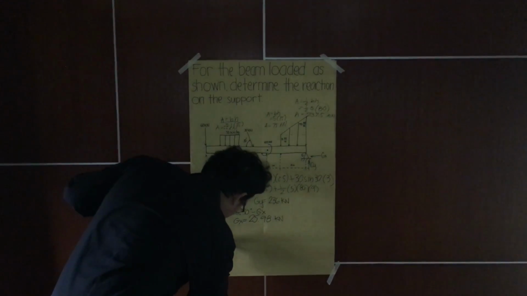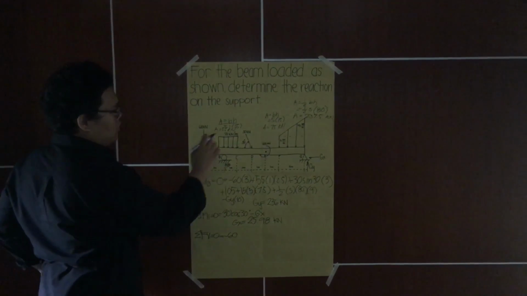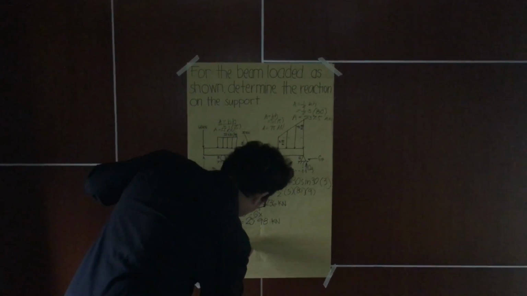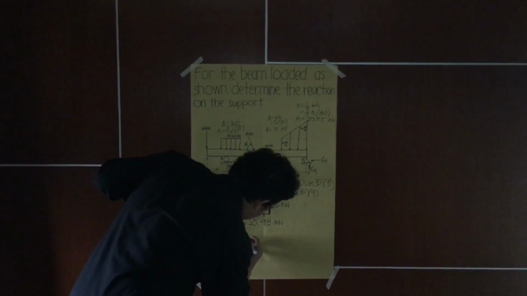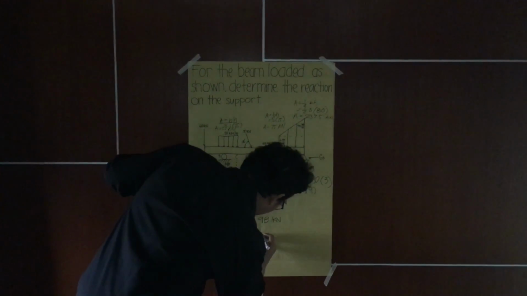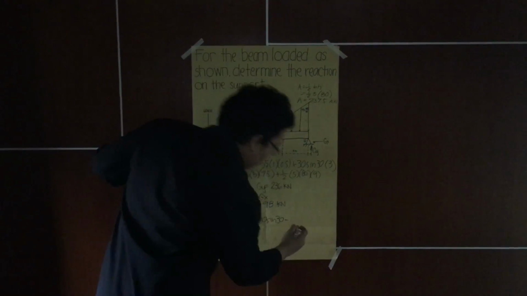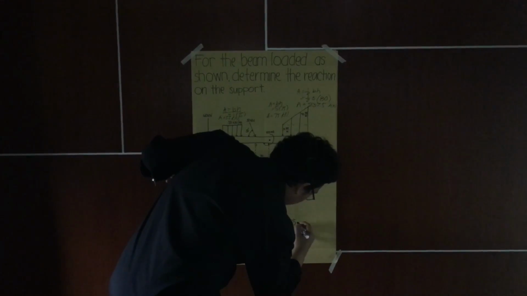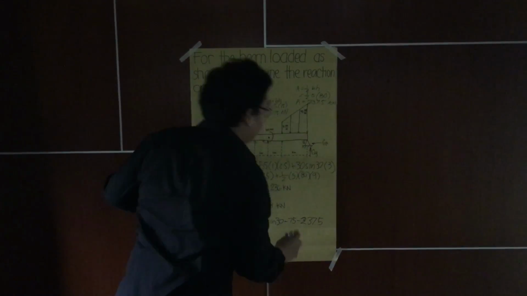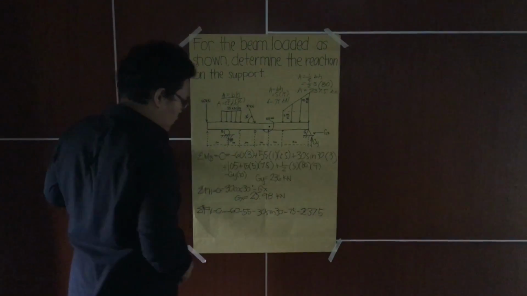We equate this to 0, which gives us negative 60, since it is going downward, times the area, minus 55, since it is also going downward, minus 30 sine 30 degrees, minus 75, the area of the rectangle, minus 237.5, which is the area of the triangle that is also pointing downward, plus the value of GY.